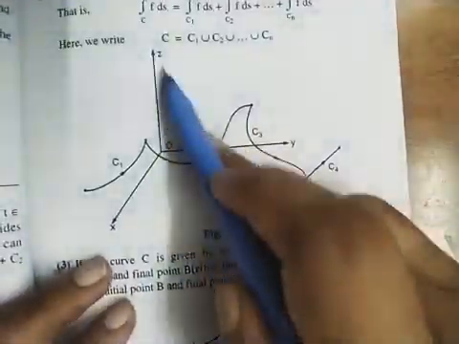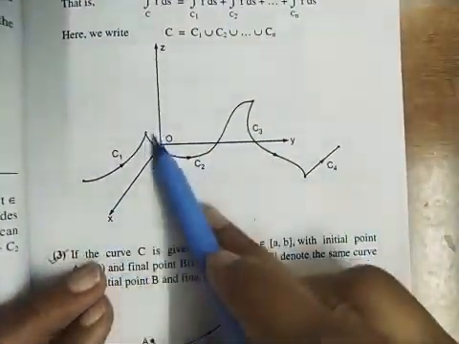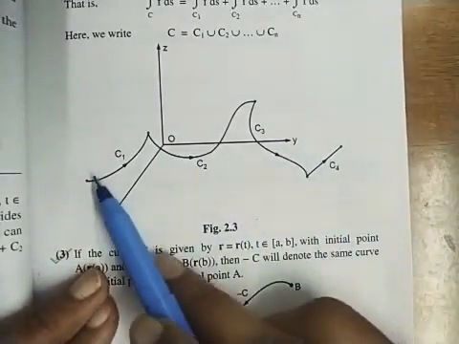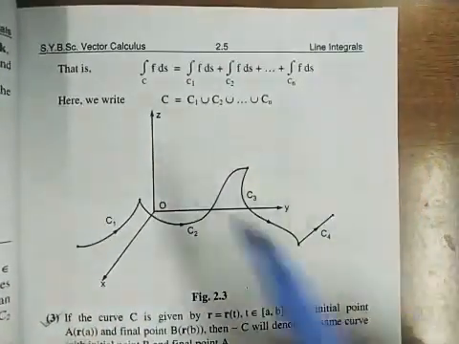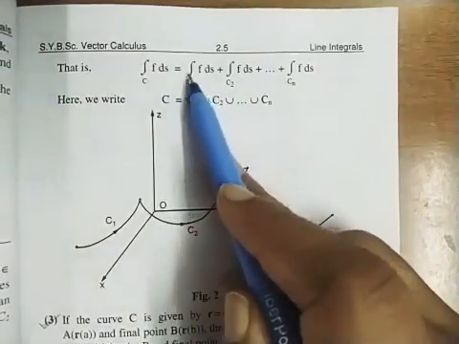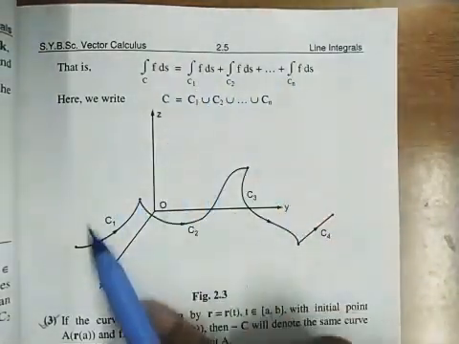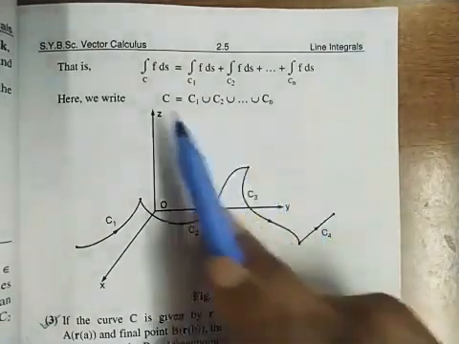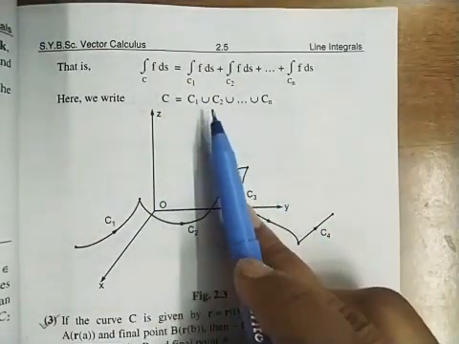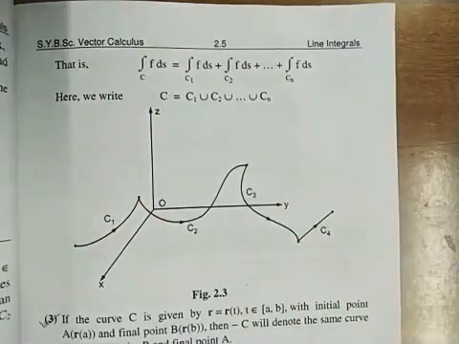Like this. Now look at this graph. The complete curve C is made up of what? C1, C2, C3, C4. So the integration of f over C will be the sum of the integration over C1 plus the integration over C2 plus and so on, where C is C1 union C2 union up to Cn.